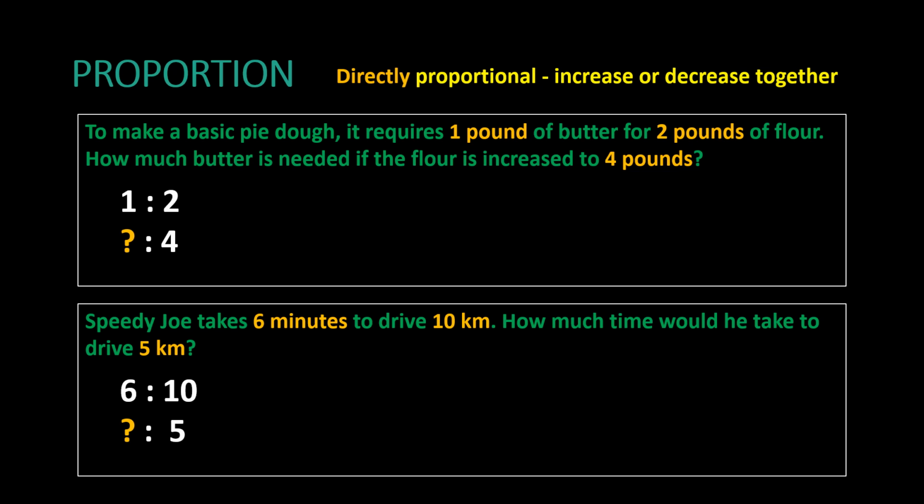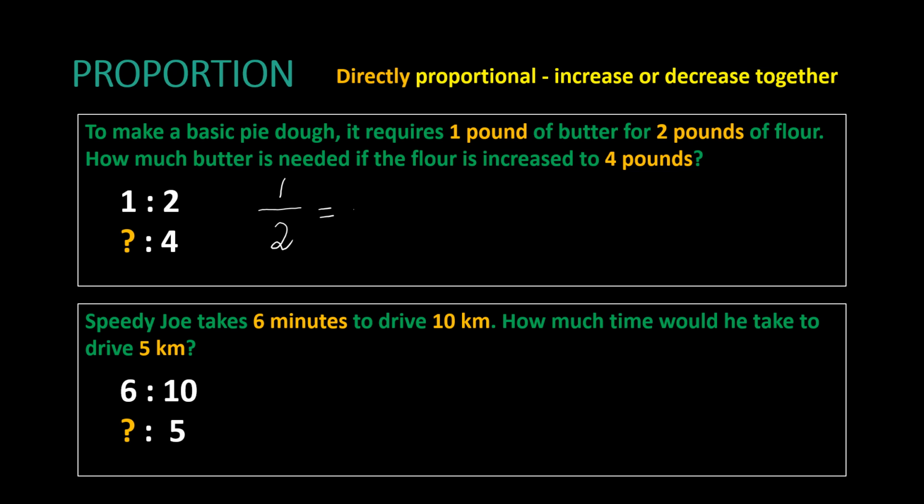Let's see another example. To make a basic pie dough, it requires 1 pound of butter for 2 pounds of flour. How much butter is needed if the flour is increased to 4 pounds? So we know that 1 pound of butter is to 2 pounds of flour. So we write it as a fraction, and we proportionally increase.